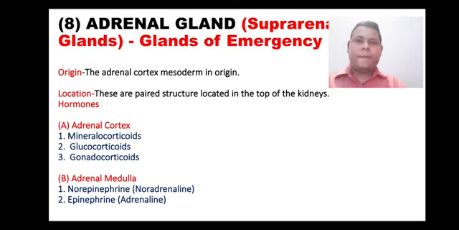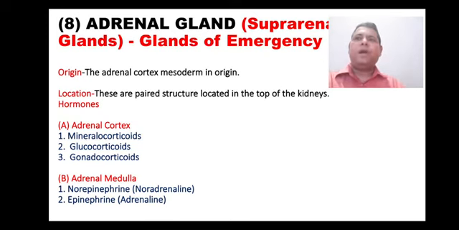The adrenal cortex is derived from the mesoderm of the embryo, and it is subdivided into three zones. One, zona glomerulosa, the outer zone that lies just below the capsule.